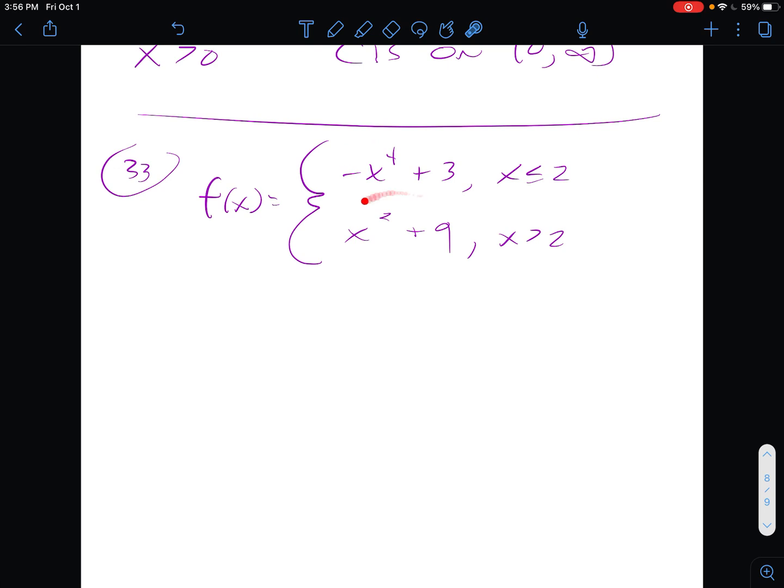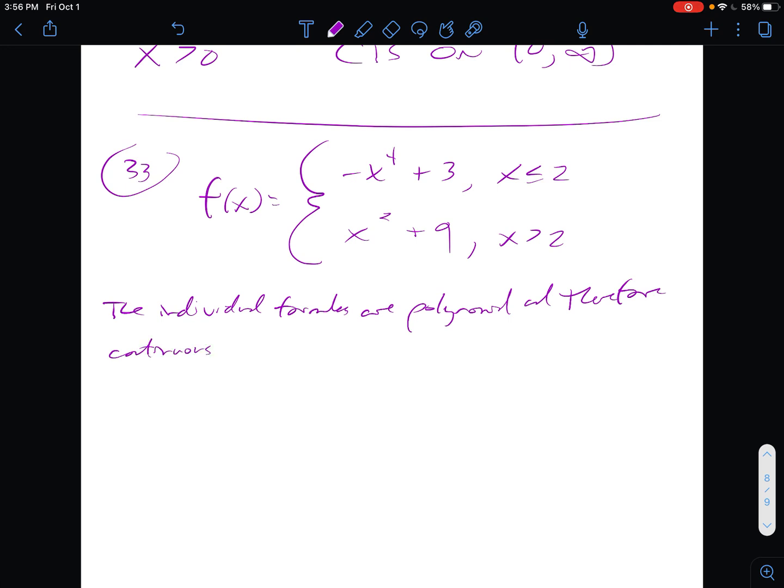So we know these individual formulas are polynomials, which are continuous. So as long as this part is followed for x smaller than 2, or this part followed for x greater than 2, there are no problems. We could say something like, the individual formulas are polynomials and therefore continuous, so f is continuous for x smaller than 2 and x greater than 2, because these pieces are nice continuous functions.